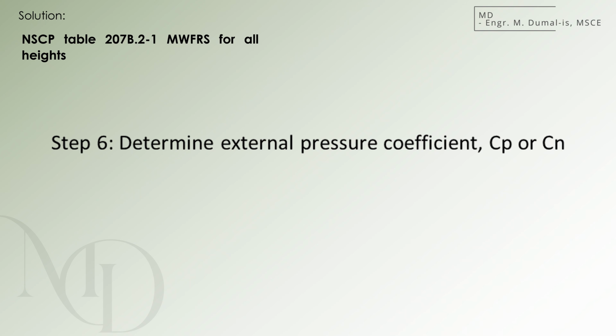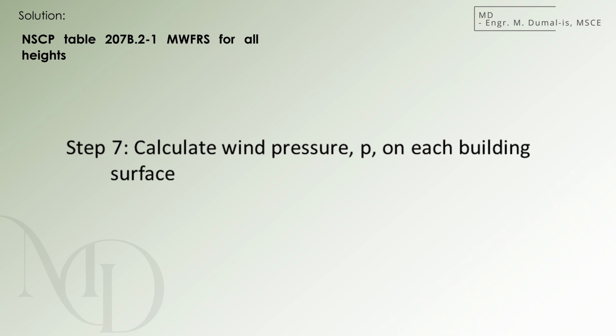After finding the initial pressure, we adjust it by applying the wall coefficients C sub P or C sub N, which account for how wind actually acts on different surfaces of the building. Finally, we include the effect of internal pressure. This adjustment combines with the external pressures and leads us to the final values that will be used in design.